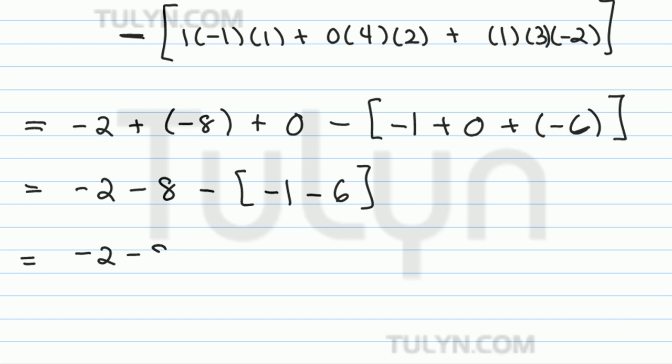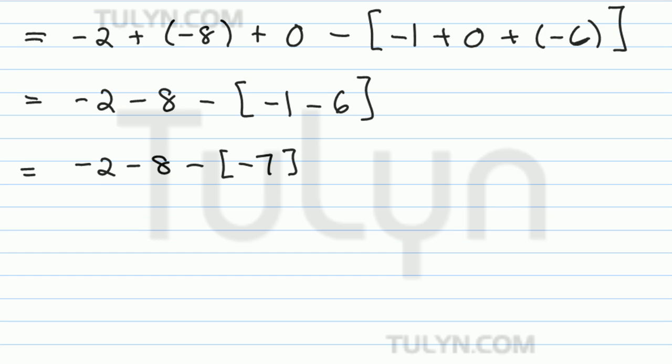So -1 minus 6 is -7, right? And then using the distribution law, 2 negatives give a positive. So this becomes -2, -8, plus 7. And now simplifying further, this becomes -3. So -3 is the value of the determinant.